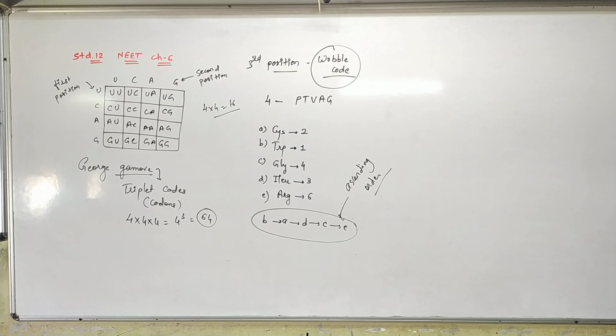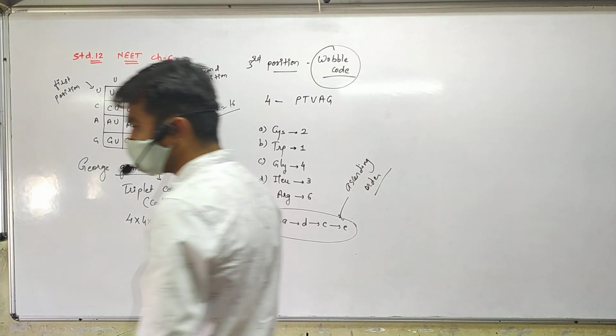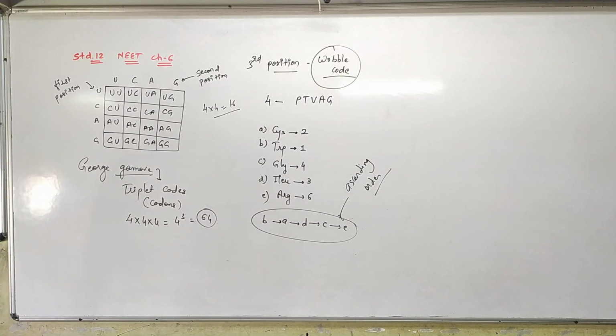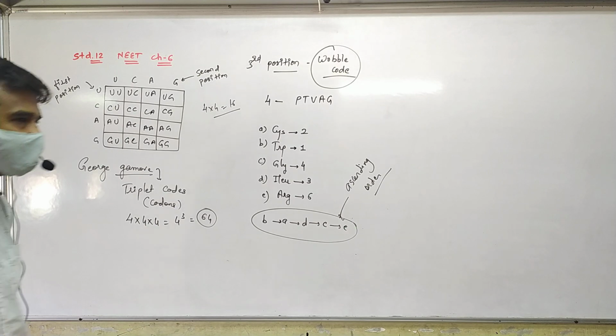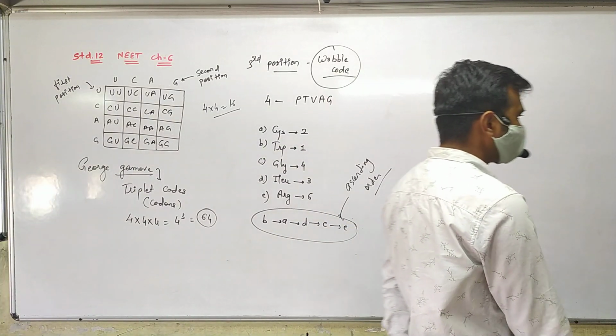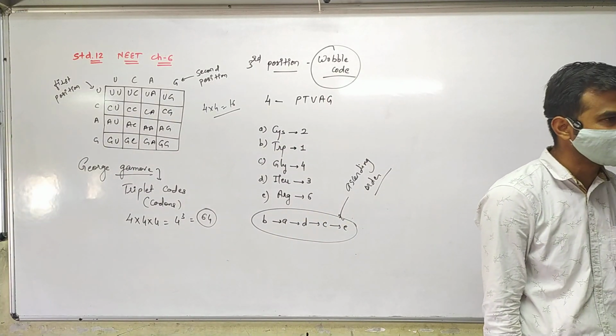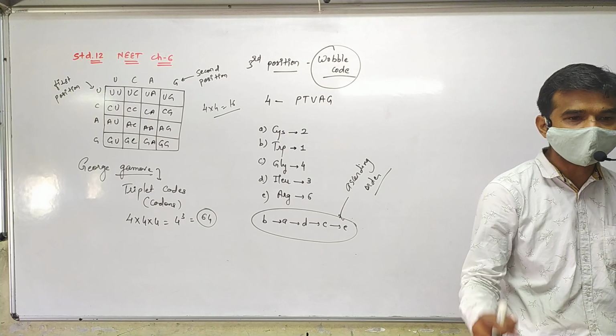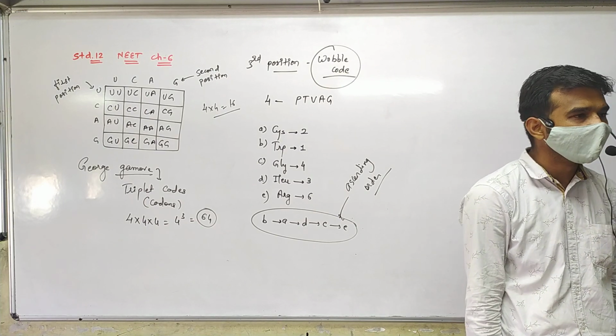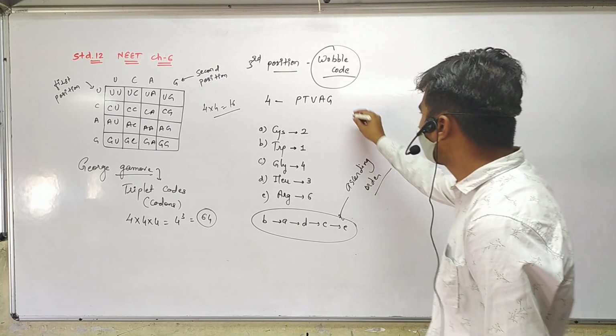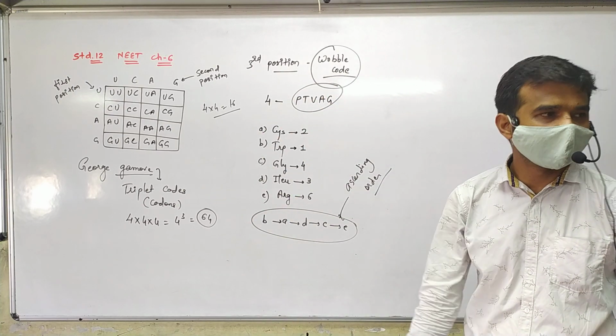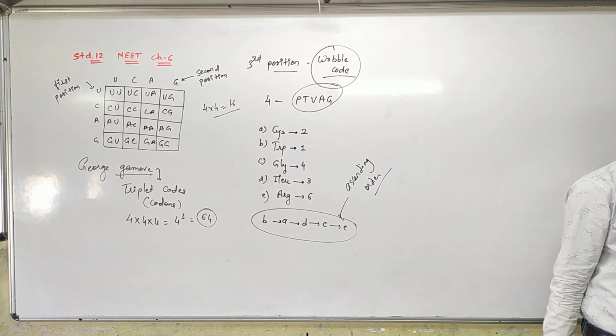For this question, the solution is that you should know the proper number of codons for each specific amino acid. Again, one codon for methionine and tryptophan, two codons for so many amino acids, three codons for only isoleucine, four codons for PTVAG and six codons for LAS.